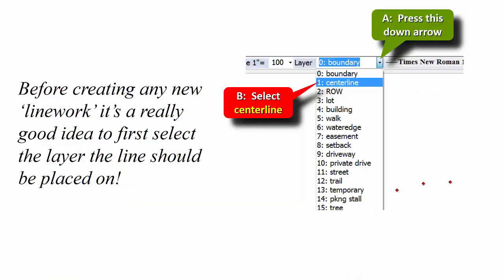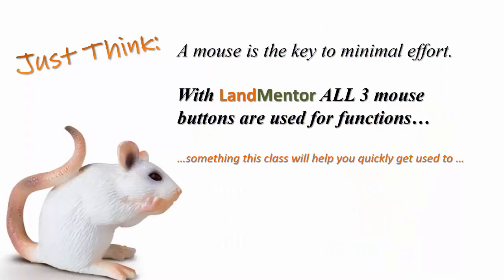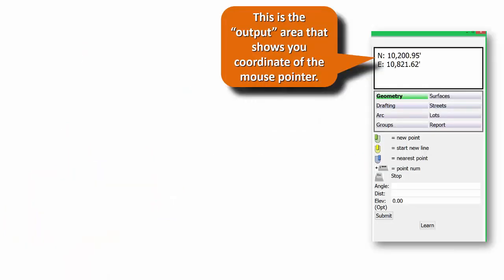You would select the layer you want to work with, in this case the center line of a creek, and then select Make Line under Geometry, and you'll use the 3 buttons on your mouse to create this. This is how we eliminate excess prompts. The output area will show you the location of the mouse pointer, and you can see the left button creates a new point.